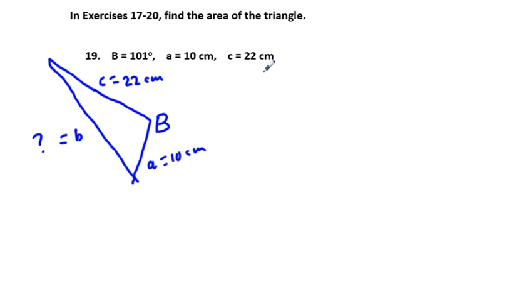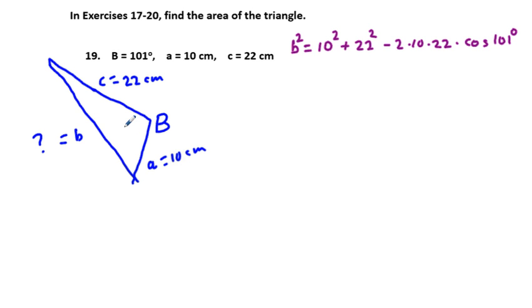So, the version of the law of cosines we're going to use to find side B is b squared equals a squared, which is, go ahead and write this, 10 squared, plus side C, which is 22 squared, minus 2 times 10 times 22 times the cosine of 101 degrees.